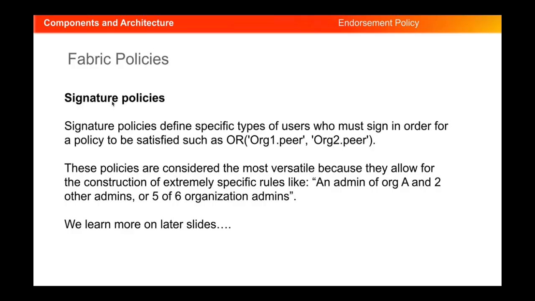For the time being, you have to remember that this is what the syntax should be in a signature policy. This policy defines that the organization 1 peer or organization 2 peer has to approve this. So a user belonging to this particular organization must sign in order for the policy to be satisfied.